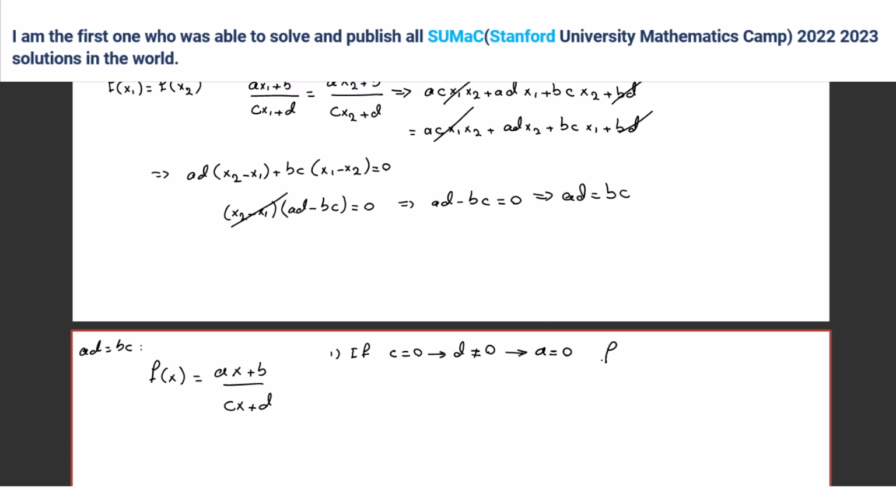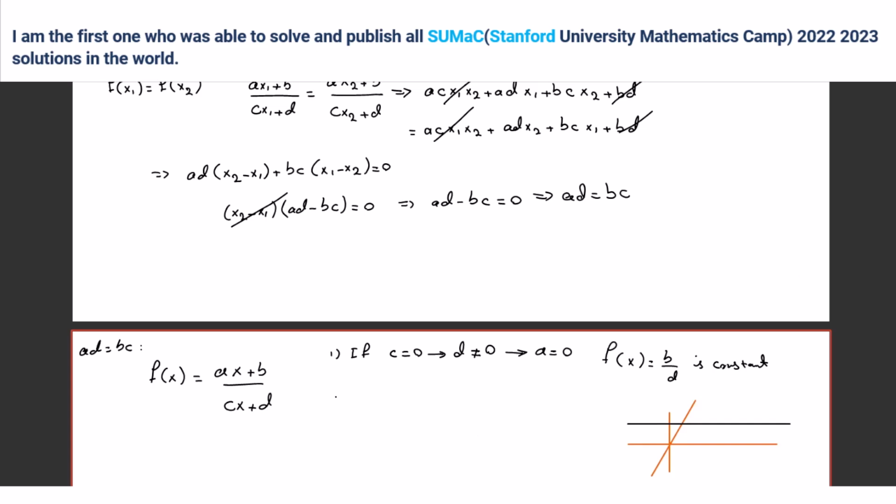So f of x will be B over D. In this case it's constant, and when a function is constant, obviously it's not symmetric about y equals x. It is something like this.